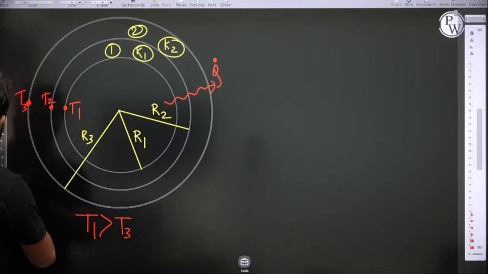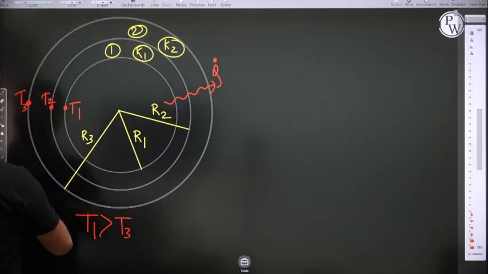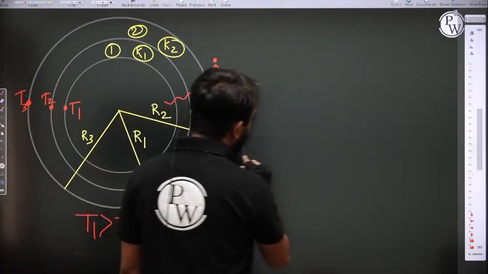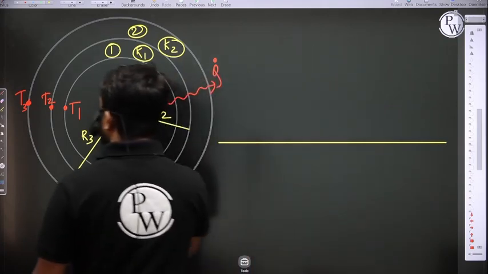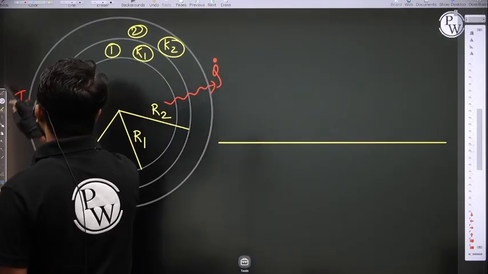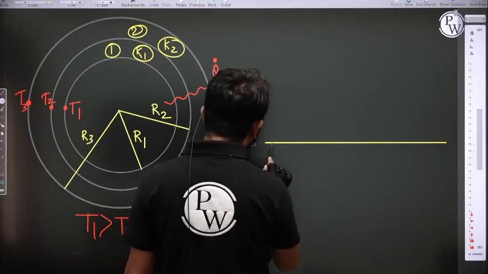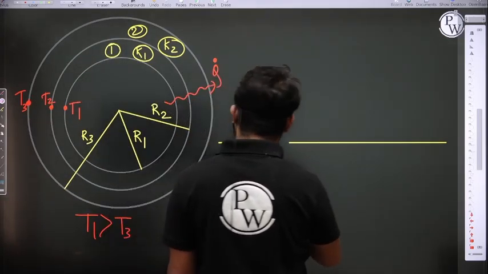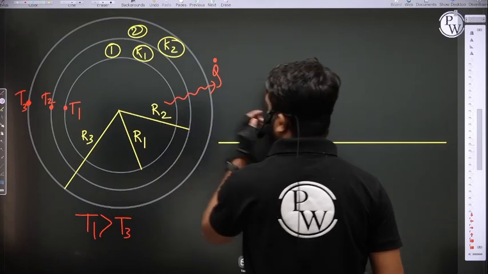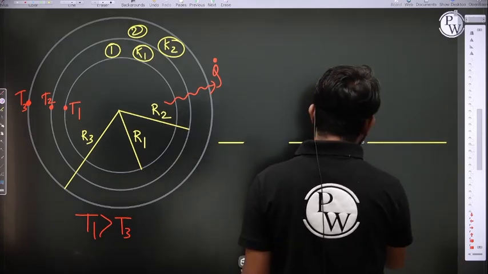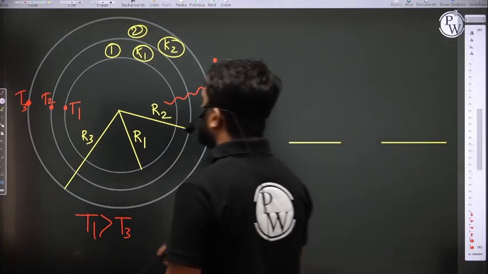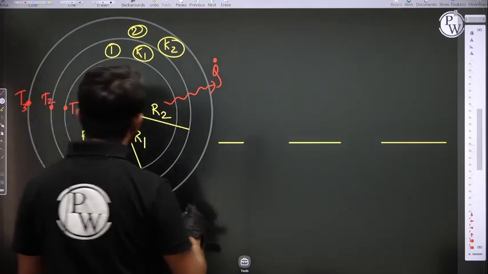So this is a series connection, right? So you can write the thermal resistance. First, the thermal resistance of cylinder number 1, and then the thermal resistance of cylinder number 2.